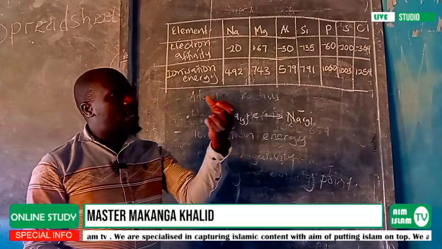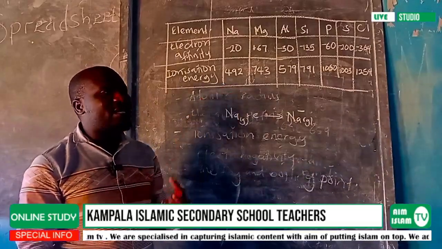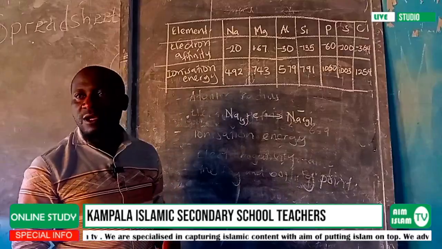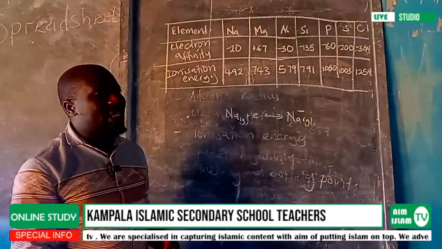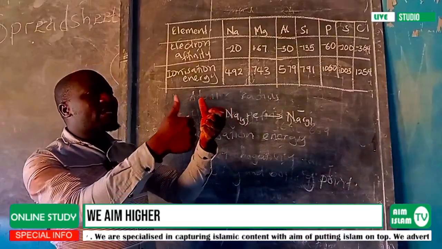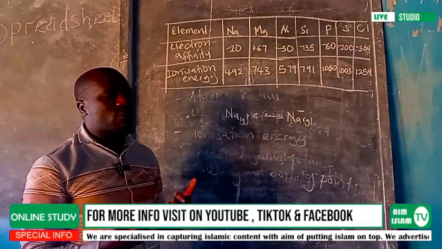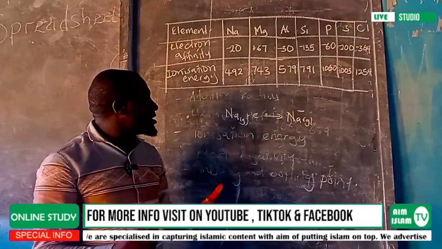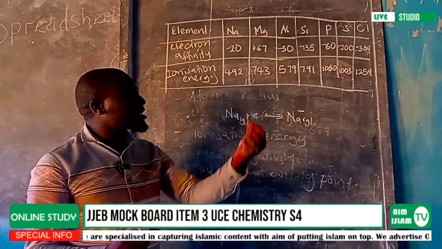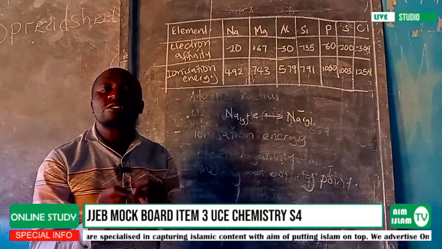The electrons coming are attracted by that atom, sodium, and since the element accepting those electrons is neutral, they are attracted to it.